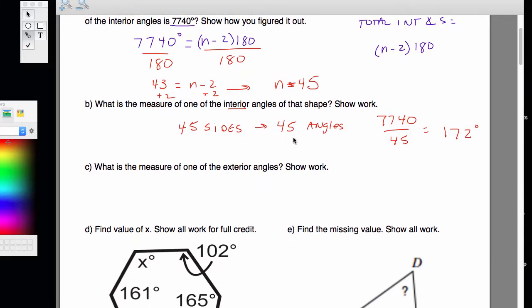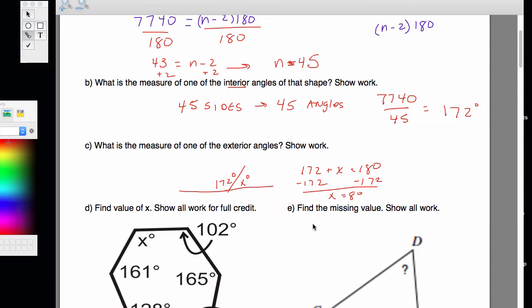On this next part, the measure of the exterior angle: this is kind of a zoomed in view, and I know that the interior angle and the exterior angle x together add up to 180. So I subtract 172 from 180, and I know my exterior angle equals 8 degrees. Okay, so that's how you solve something like that.